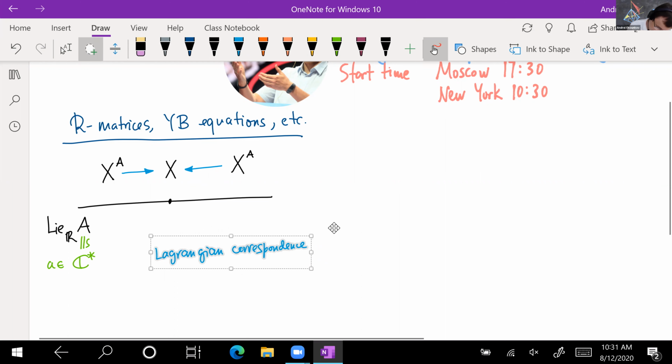This is a co-character of the torus, Pic of X tensor C star.